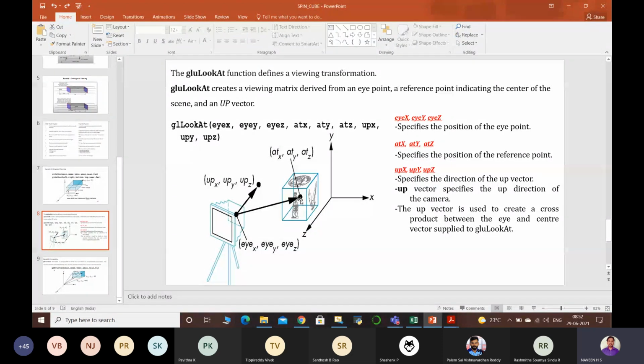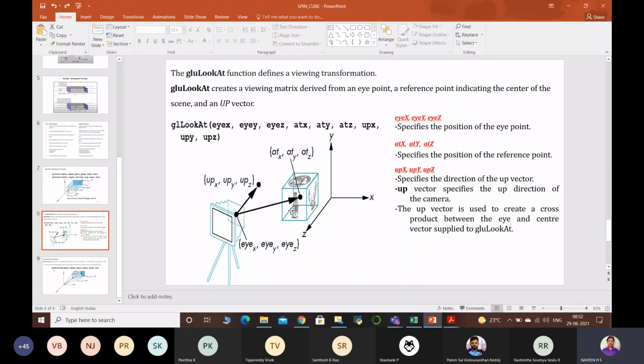So this is the reference point. Suppose the camera is placed here and the object is at some distance; this is what atX, atY, atZ specify: the position of the reference point, nothing but the center of projection. What is the distance from here to here? Either a person is standing in front of the object, so the person's eye acts as a camera, or you can put a camera directly.